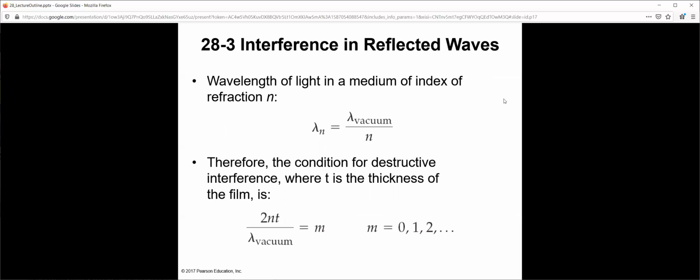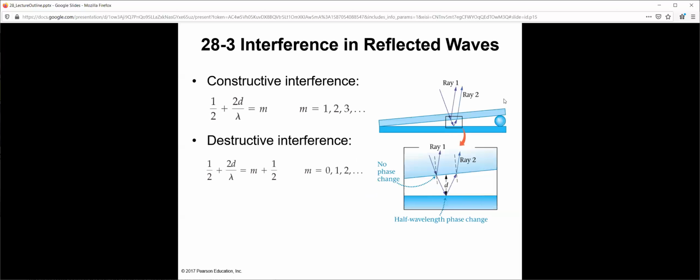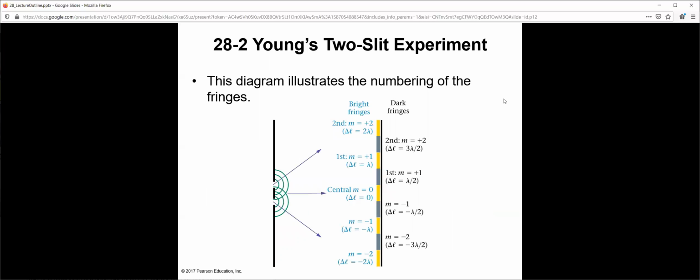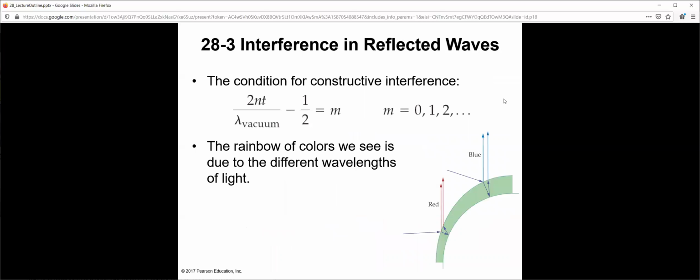And then that particular equation will tell you where m is located. Remember, let's go back for a second here. m is these fringes here, where you have light and dark fringes according to constructive and destructive interference. The condition for constructive interference, funny enough, is that same destructive interference equation minus a half.